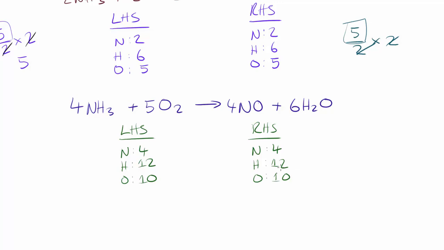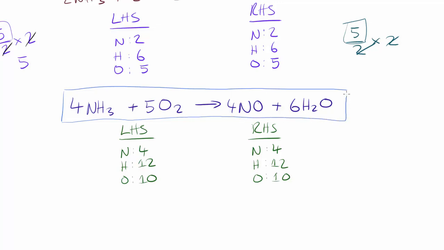But now we have no non-integers as far as the coefficients. And because of that, we can say that we now have the balanced equation within the context of what the question is specifically asking, within the format the question is specifically asking.